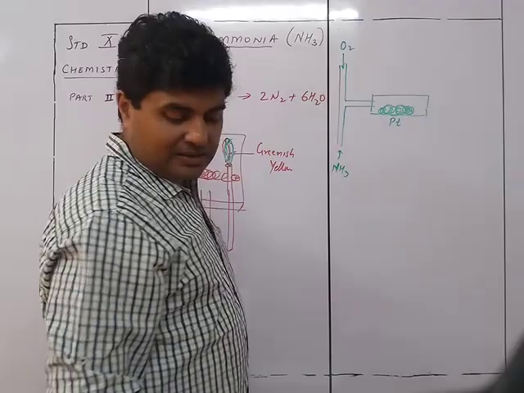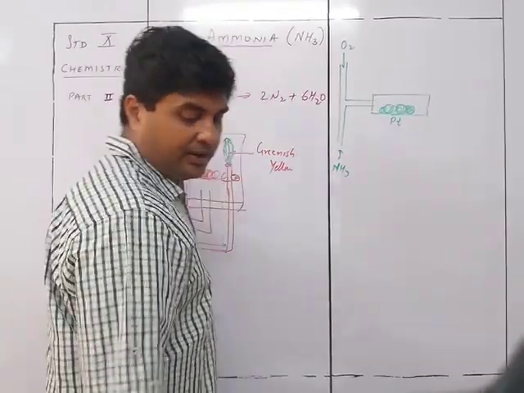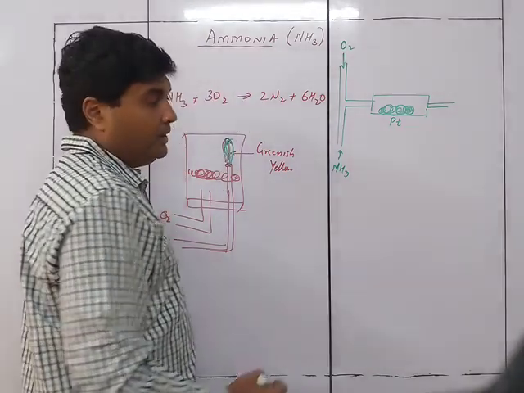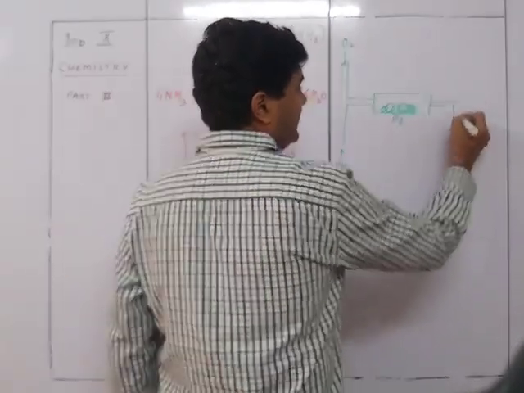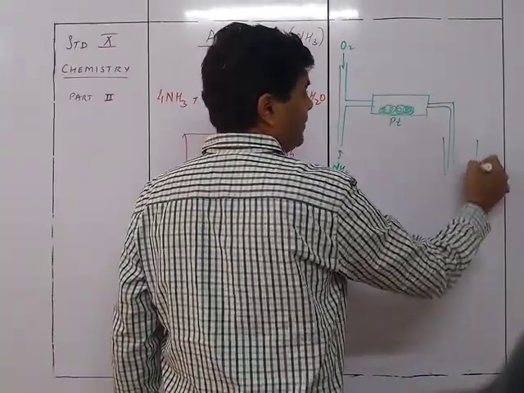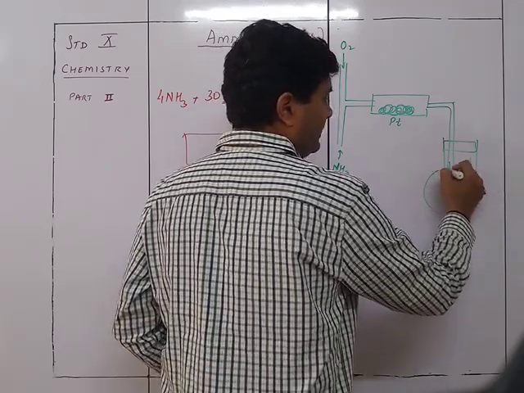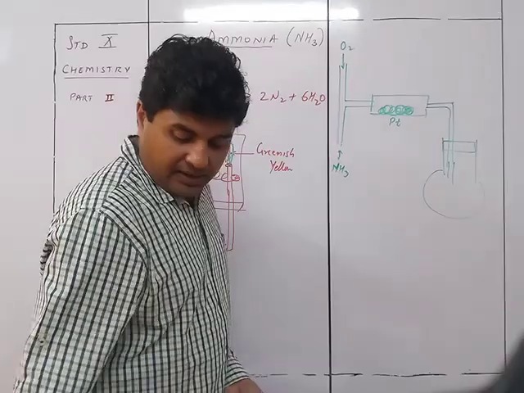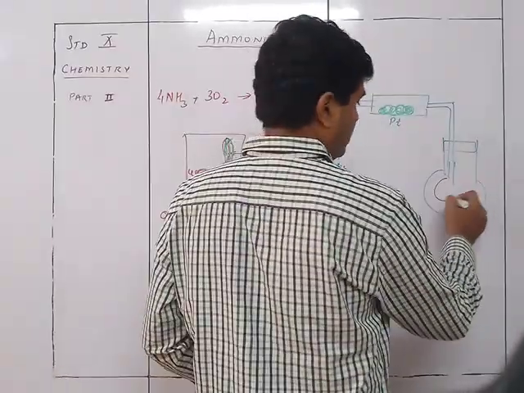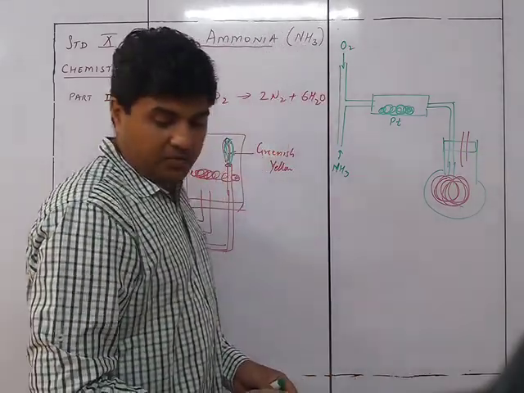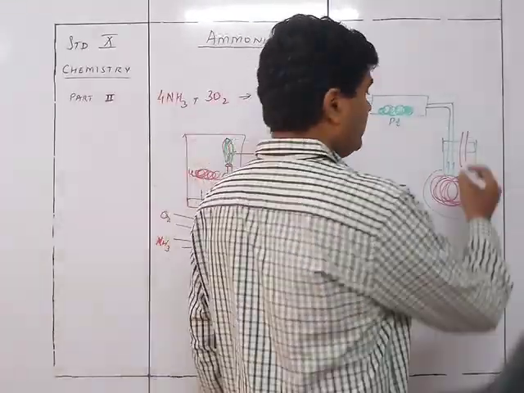So platinum catalyst is taken over here, and then you are allowing it to come outside. You will see that it is going to come into a flask over here, and the flask will be getting reddish brown. This will be the gas which will be given out, reddish brown in color, and O2 will also be given.